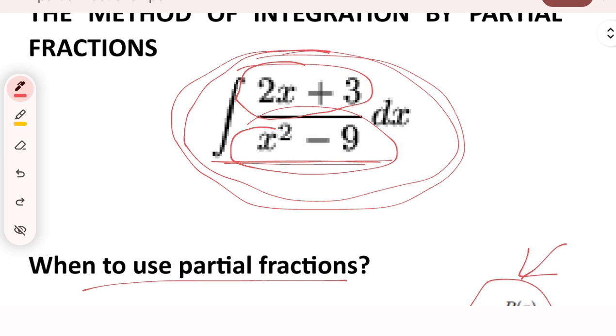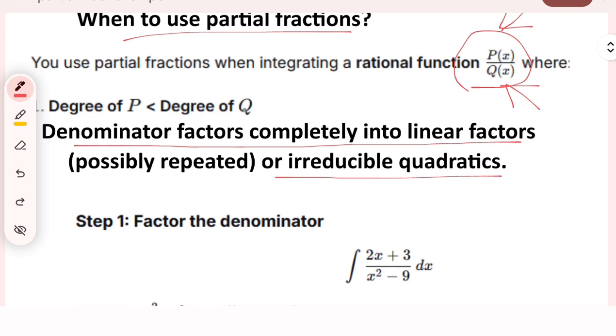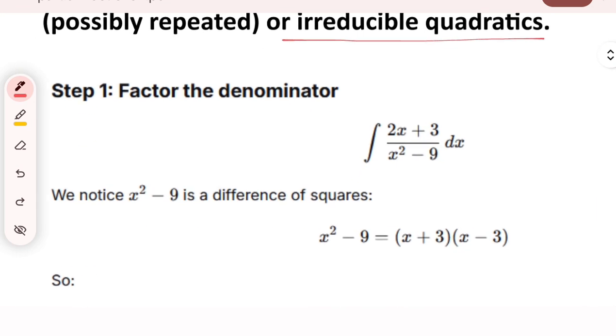So we can use partial fractions because the numerator has a lesser degree than the denominator, and number 2, we can factor the denominator. So let's factor the denominator.